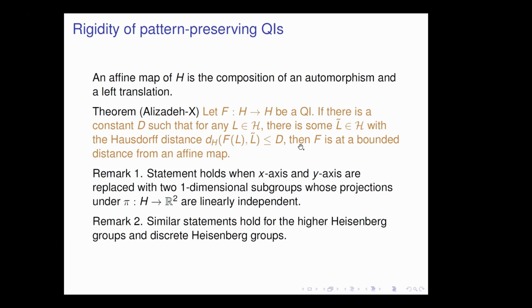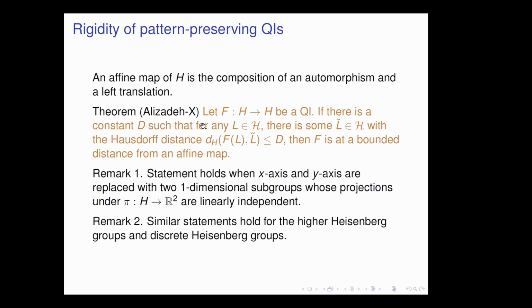If that is true, then the quasi-isometry F is at a bounded distance from an affine map. So as we saw from the previous constructions, the quasi-isometries of the Heisenberg group are very flexible. But if they preserve this kind of pattern, it is quite rigid. It's at bounded distance from an affine map.